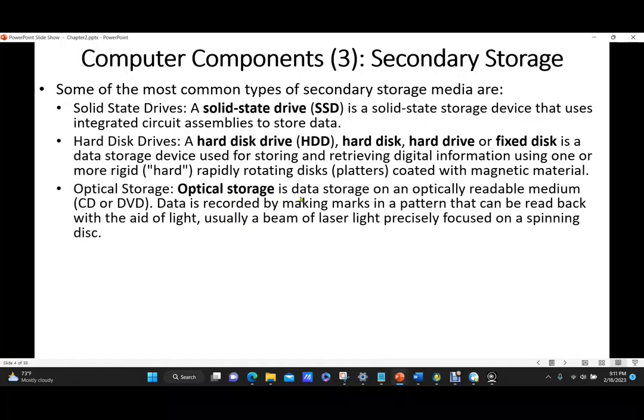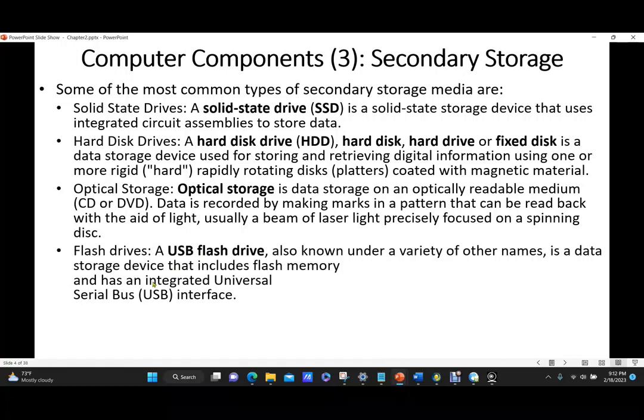Optical storage devices store data by putting marks in a pattern on a plate and retrieving data by shining a thin laser light onto them and determining whether it is reflected or absorbed.